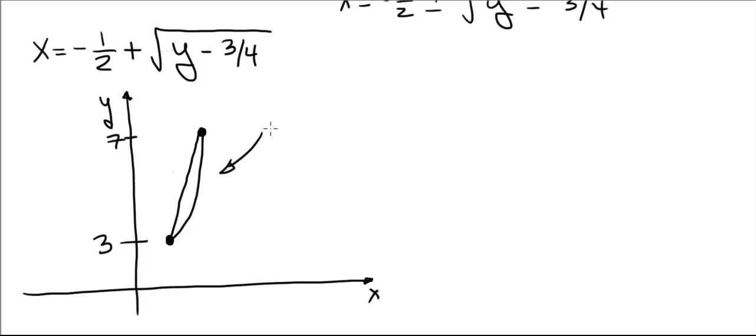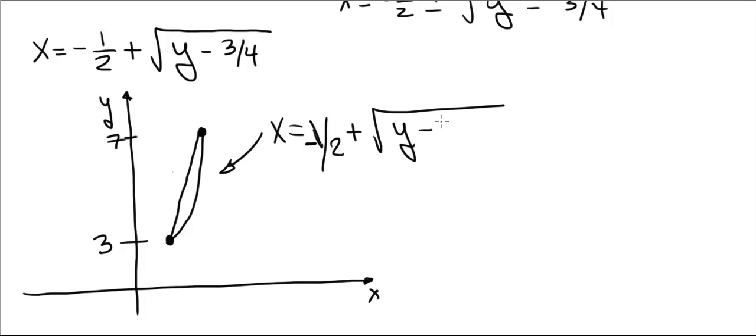This portion, the parabola, is x equal to 1/2 plus or minus the square root of y minus 3 over 4. And the line is x equal to 1/4 y plus 1/4.